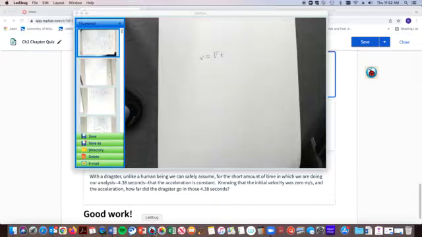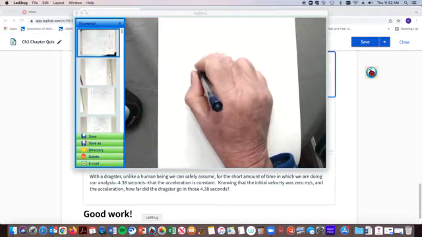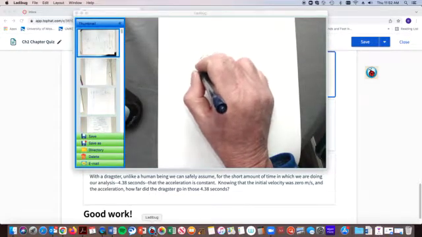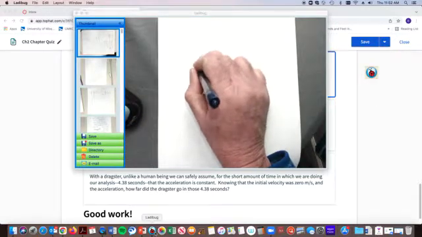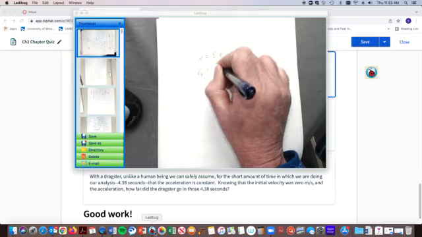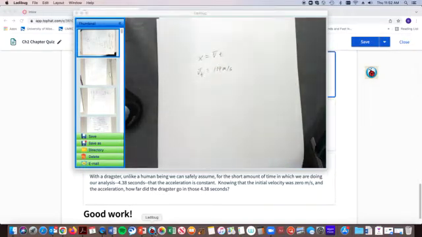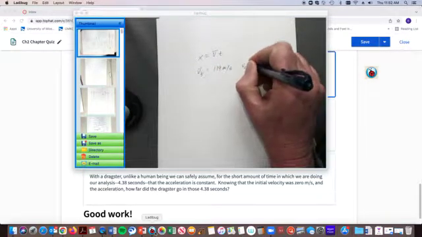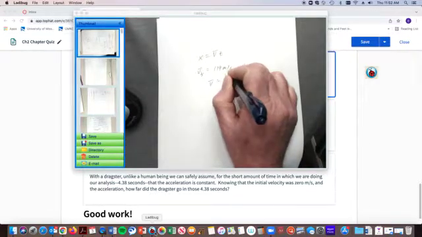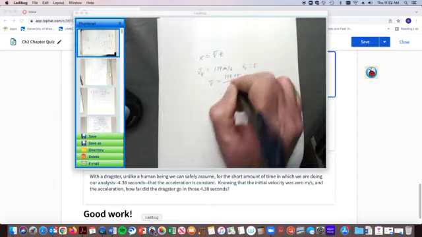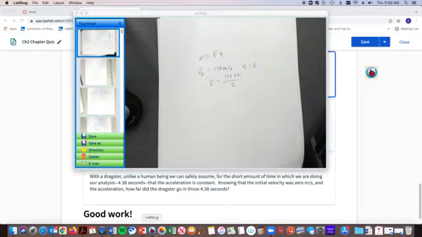Because you computed earlier that it reached a top speed, we figured out that its top speed at the end was equal to 119 meters per second. Its initial velocity was 0, so its average velocity would be 119 plus 0 divided by 2. That's easy enough. Then you can just multiply that by 4.38 seconds, and you're done. That's how far it went. That's one way to do it.